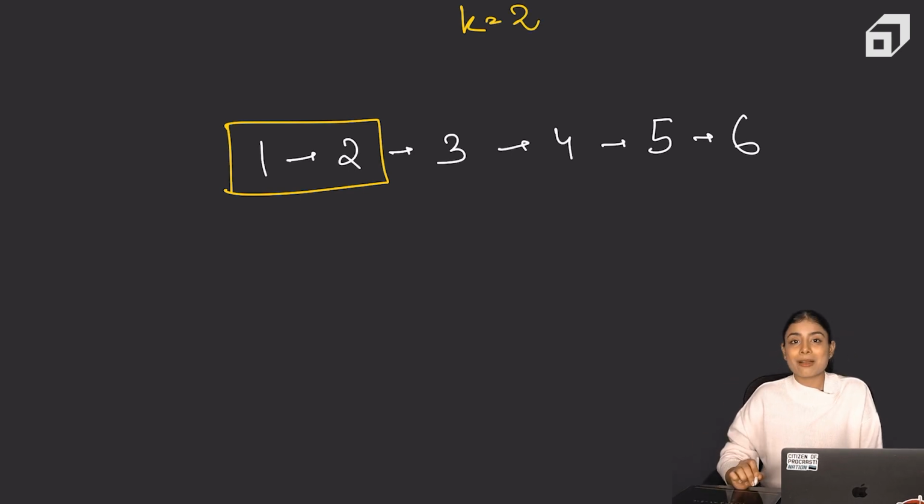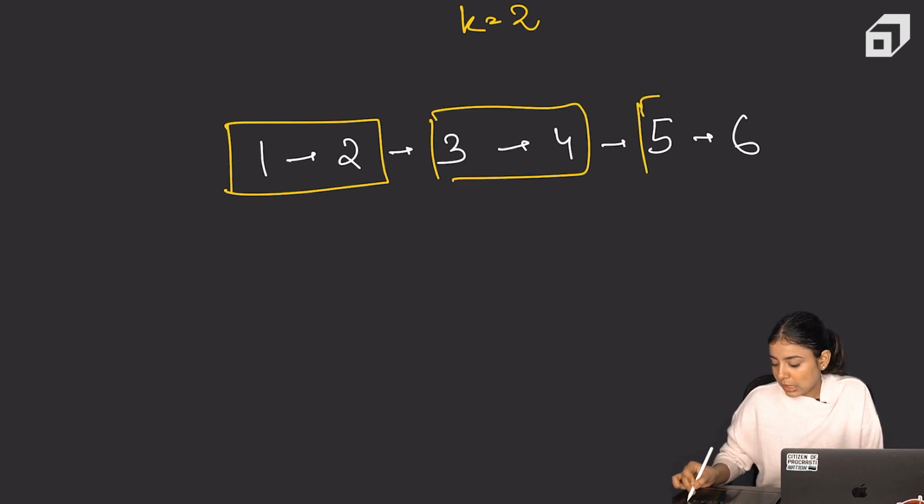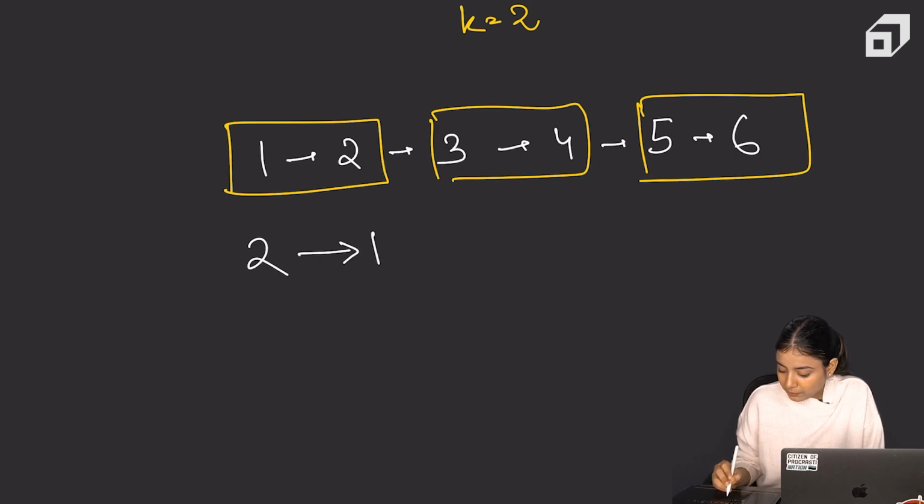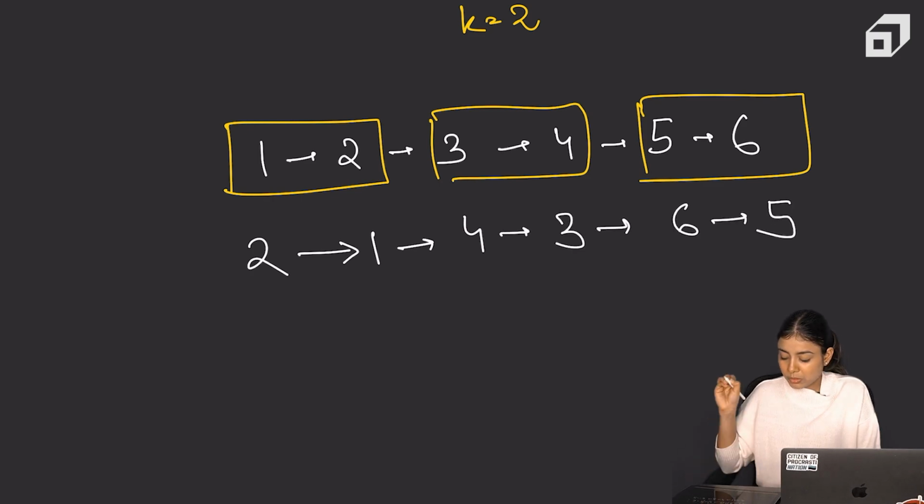Then we'll have to reverse these two, and then these two. Okay, so the output would be something like this, where 2 is pointing to 1, 4 is pointing to 3, and 6 is pointing to 5.